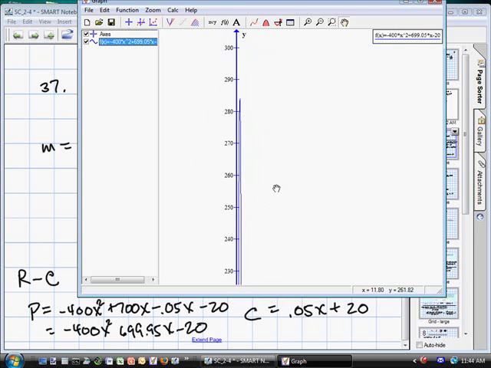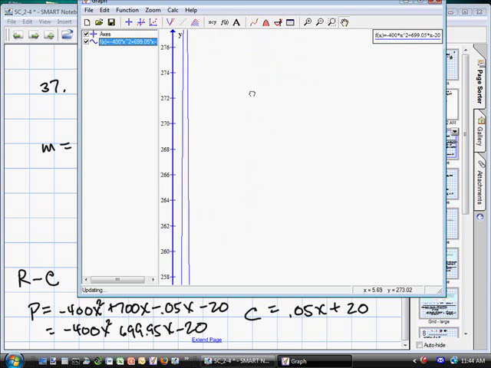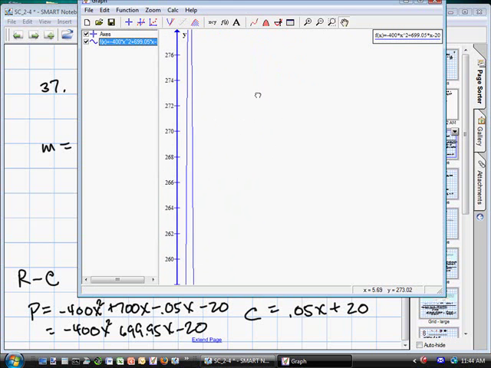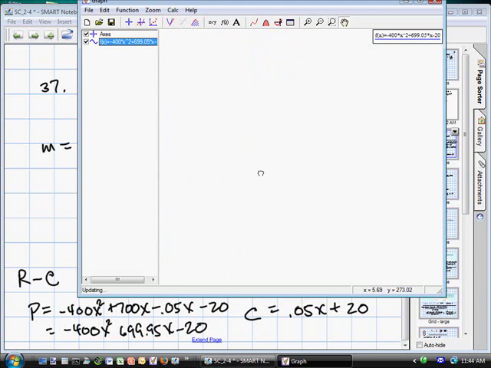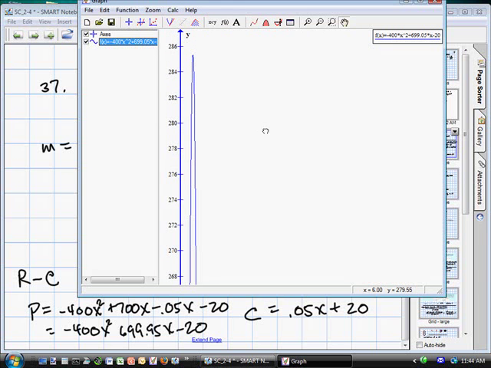Whoa, finally getting the top of a parabola. A very skinny parabola. Okay, so now what's the question? After looking at the graph, comment about the slopes of P when x is 200 and when x is 400.